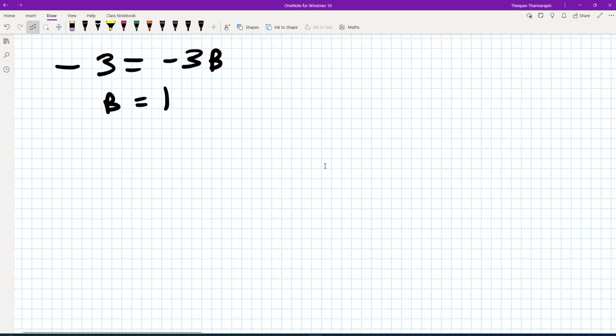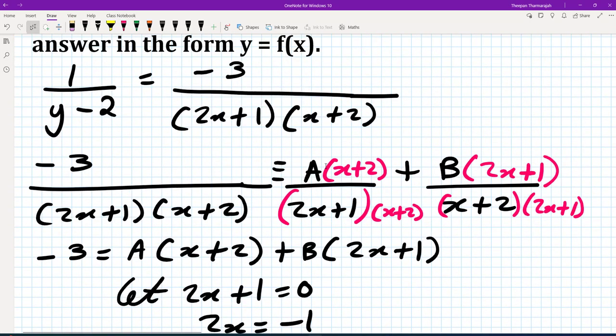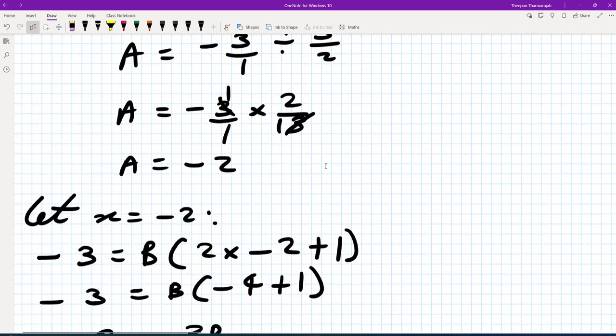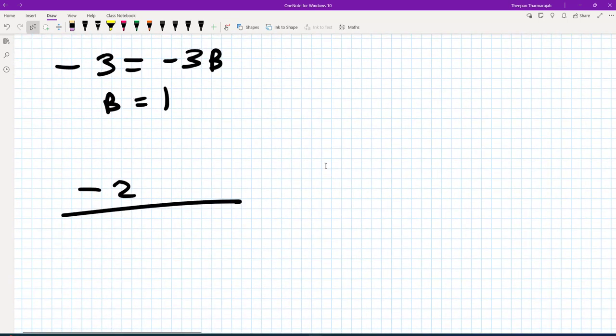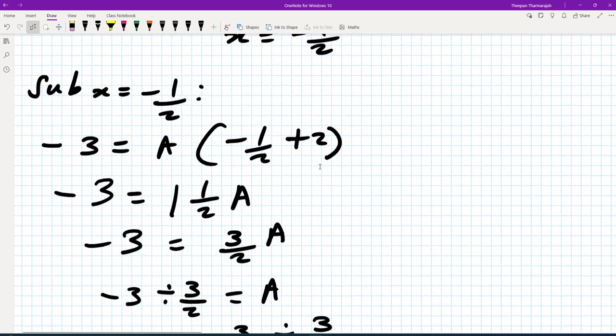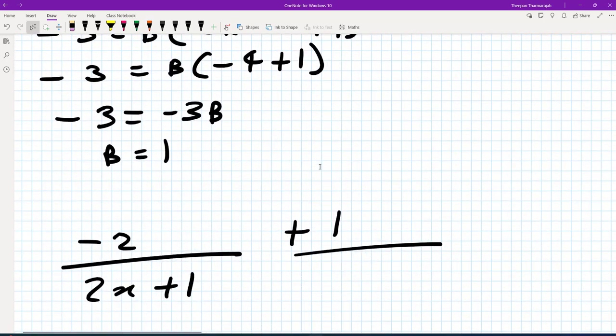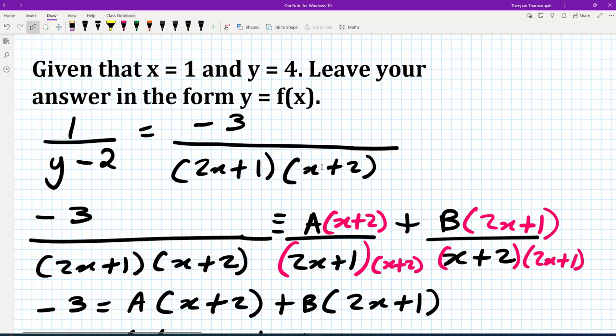So we're going to get minus 2 over the first part, which is 2x plus 1, and then plus 1 over the other fraction, which is x plus 2. Now that we've got that, we can then go ahead with the integration.